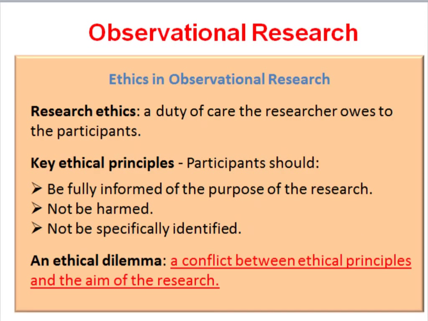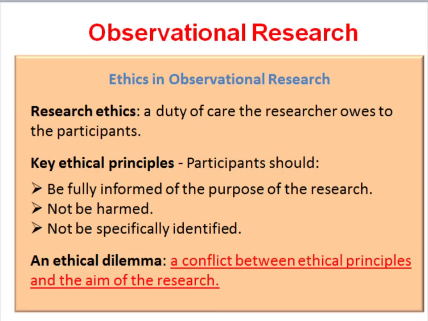And just going back to the issue of overt and covert observational research, remember, overt observational research is where the group know that they're being observed and they understand something about the purpose of the research, whereas covert observation, they're unaware that their behaviour is being observed, or they might not know the true purpose of the research. Now there's an ethical issue here if you do covert research, because covert research obviously doesn't have the informed consent of the group that you're researching.